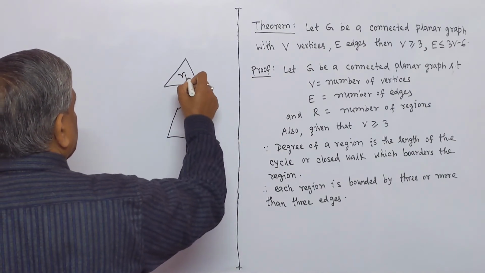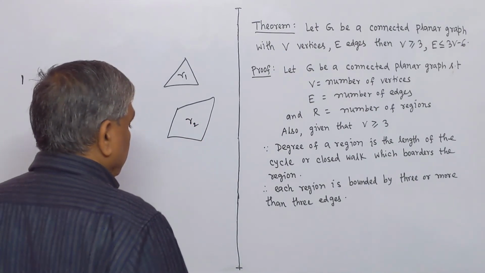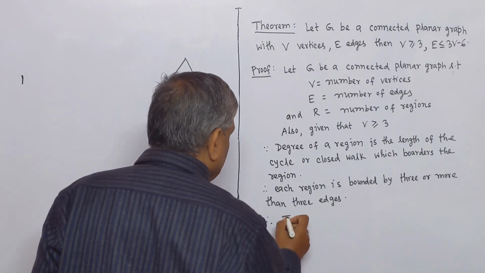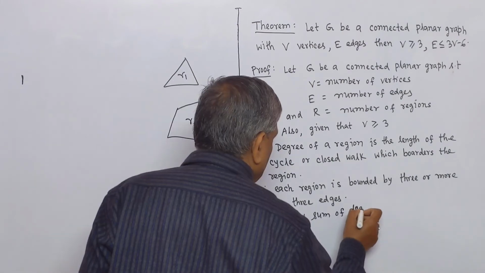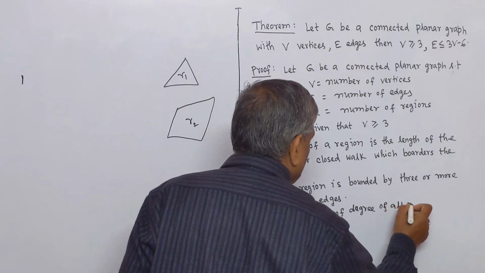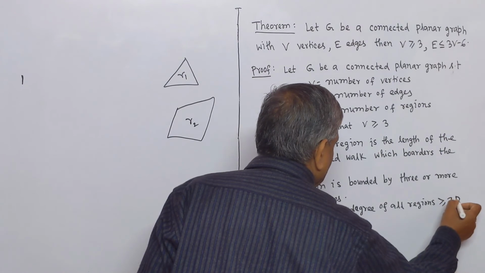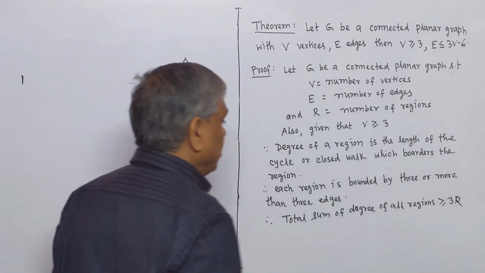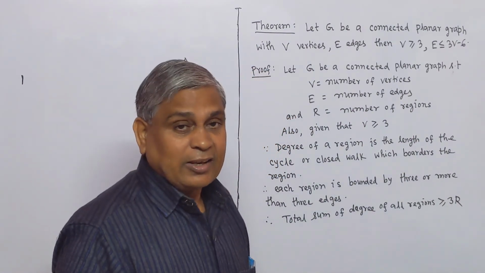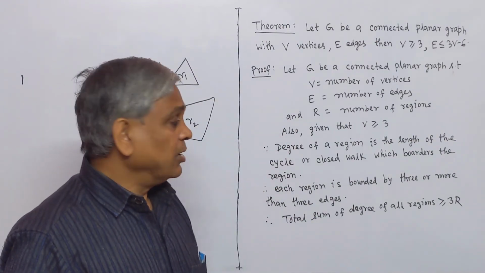These are regions R1, this is R2. Therefore, the total sum of degrees of all regions is greater than or equal to 3R, R being the number of regions. One region has at least 3 degree. Also we have more than 3 degree.